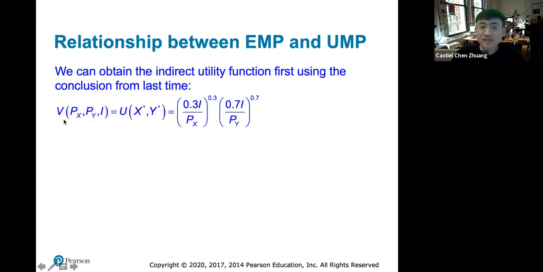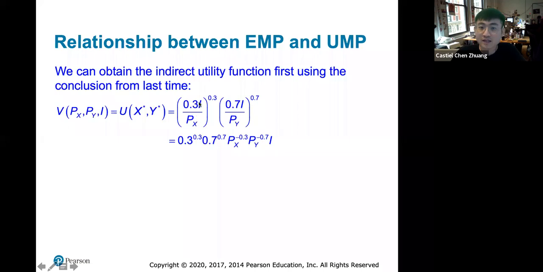And then to get the indirect utility function, you just replace the X and Y by the two Marshallian demand functions. Previously it's X to the power of 0.3, Y to the power of 0.7. But now you replace the X by X star, replace the Y by Y star, and then you can rearrange this equation. Because it's the denominator, it will get a negative sign before the exponent.